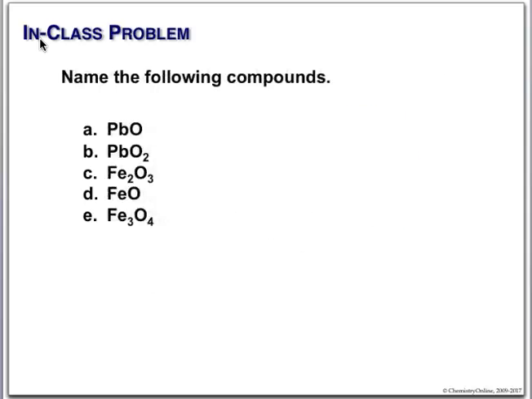Well, let's do one more exercise here. Quickly name these guys. Pb is lead, Fe is iron. In our first compound, we have a lead and an oxygen, don't we? So what would we call that? Lead oxide.